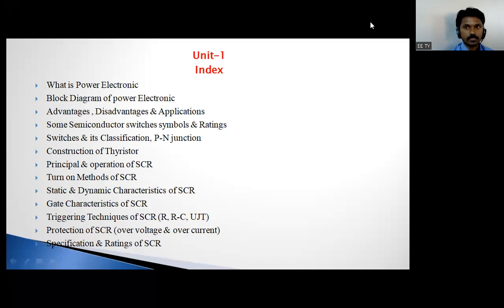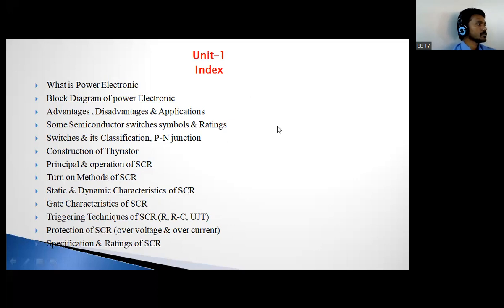Yes, nice answer. Thank you. So in the power electronics subject, the silicon controlled rectifier is the heart of power electronics.